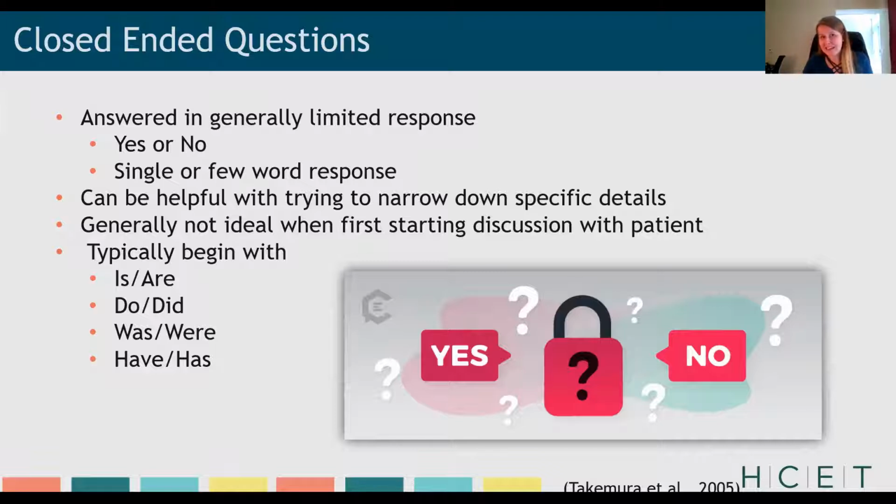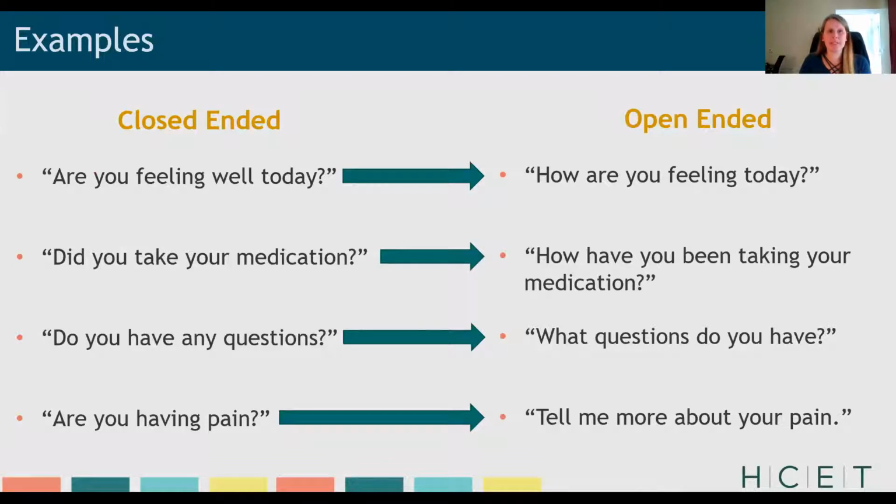It's generally not ideal to start a conversation by asking a patient a closed-ended question, because you're not going to get much of a response. Typically, this type of question begins with is, are, do, did, was, were, have, has, to give you an idea. So let's go through some examples here.